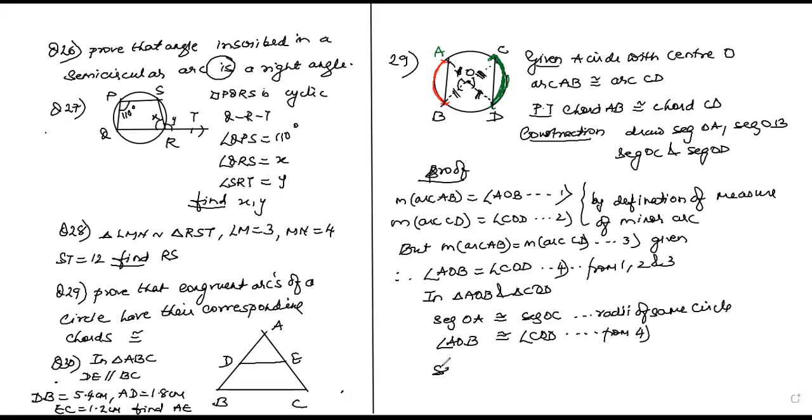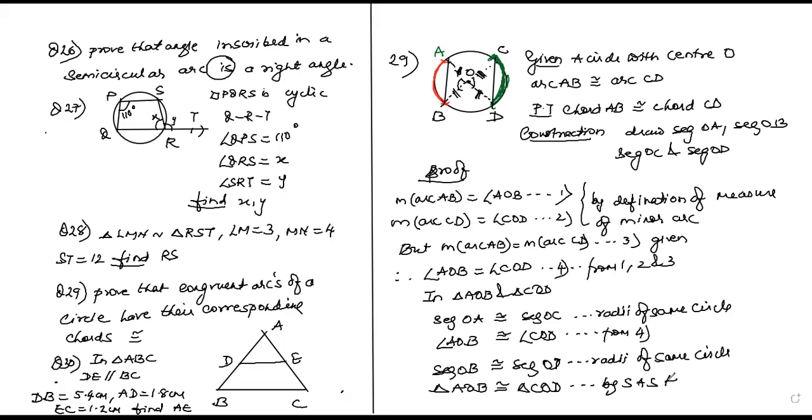Then segment OB congruent segment OD, radii of same circle. So can I say triangle AOB congruent triangle COD by SAS test?